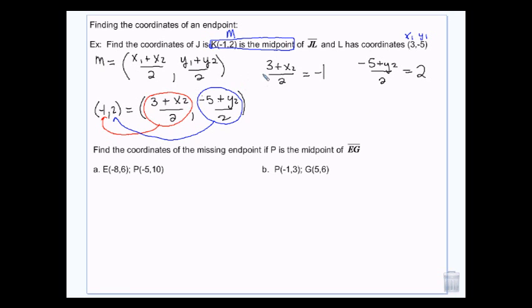To solve these, I need to multiply by 2, which will cancel those 2's out. So I get 3 plus x2 is equal to negative 2. Subtract 3, and I get x2 is equal to negative 5.